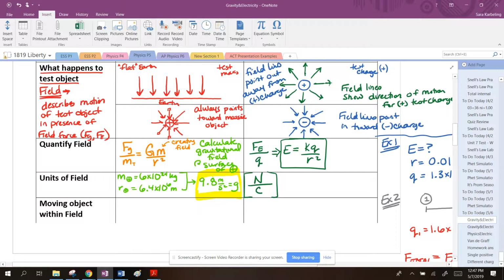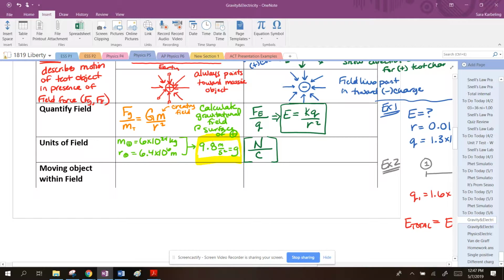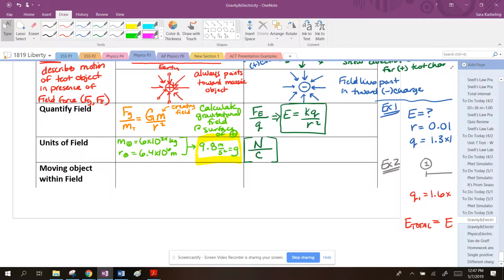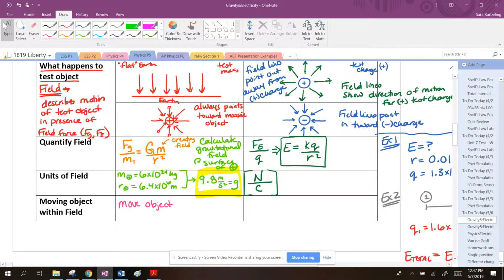So if we put that in a little bit more broad terms, we can say that if we move the object, let me ask you, am I moving the object in the direction of the gravitational field or opposite the gravitational field? Opposite the gravitational field.